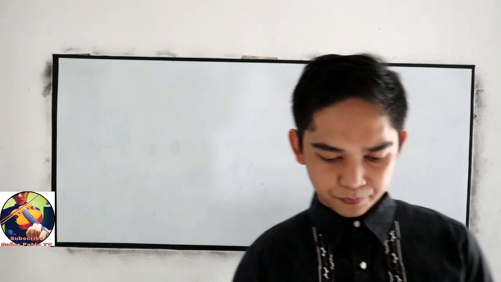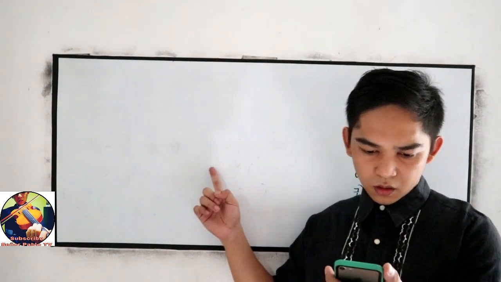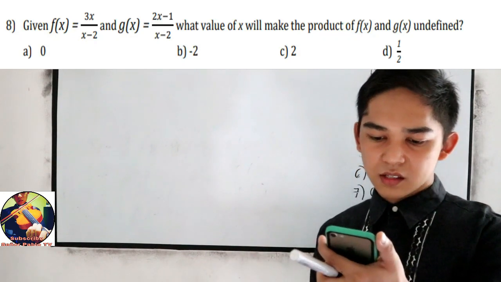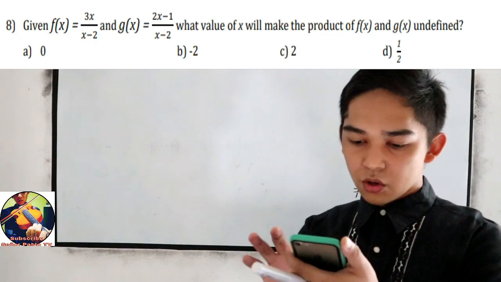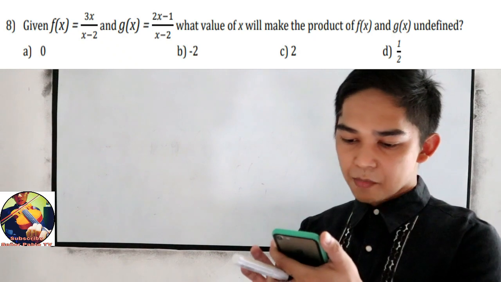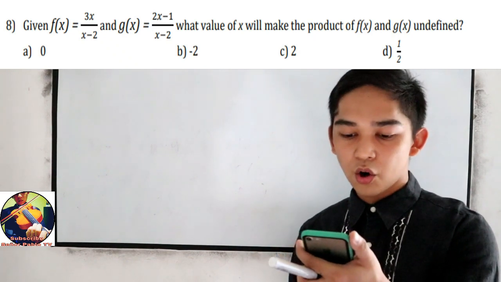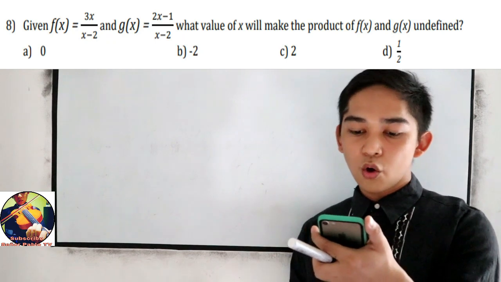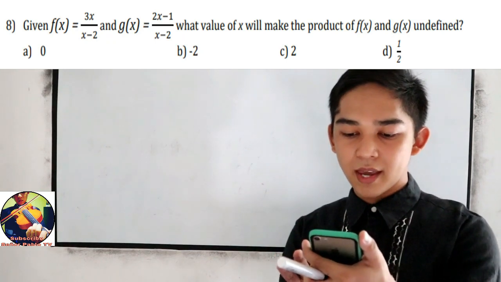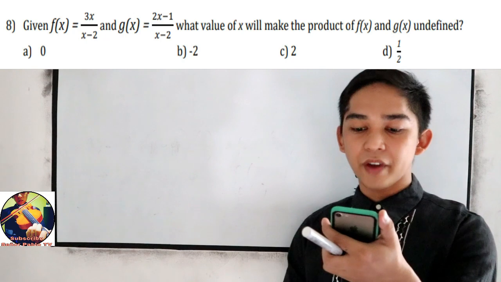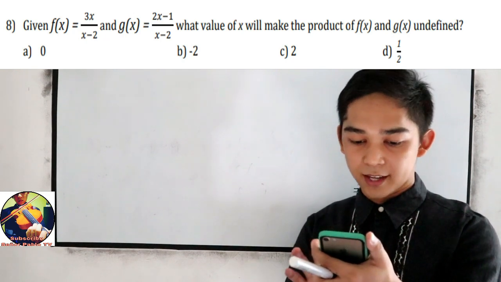Number 8, given f of x is equal to 3x over x minus 2 and g of x is equal to 2x minus 1 over x minus 2, what value of x will make the product of f of x and g of x undefined?